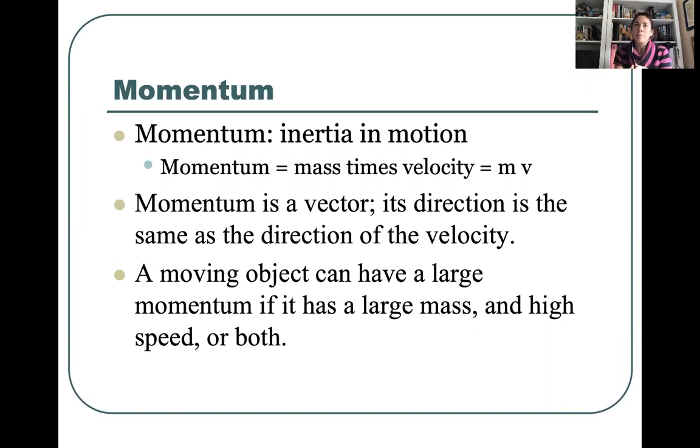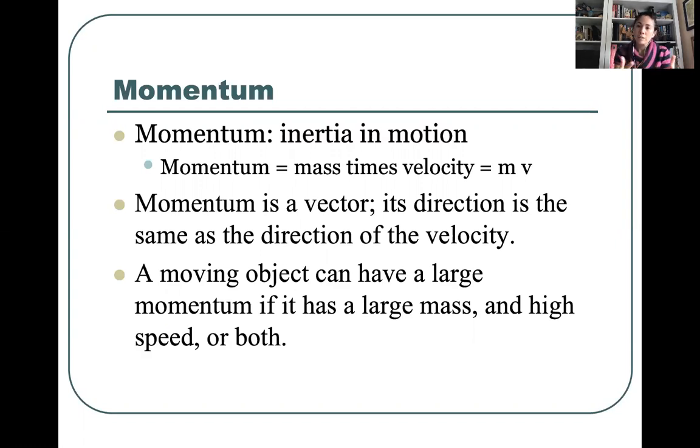If we want to think about momentum conceptually, we usually talk about inertia in motion. All right, so these are two topics that we've covered a lot so far in previous chapters. And so if we actually try to quantify this, remember that for inertia, we usually said that we could quantify that using the mass of an object.